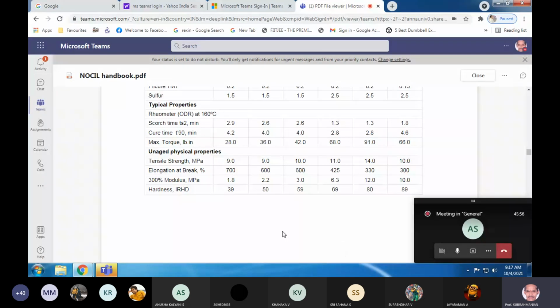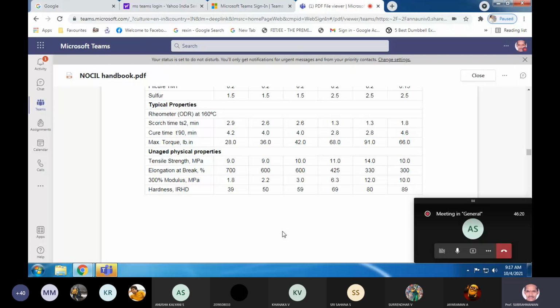A tough rubber product is durable. I can expect high tear strength and high abrasion resistance. Abrasion resistance requires a high modulus. So that is about this particular set of recipes.